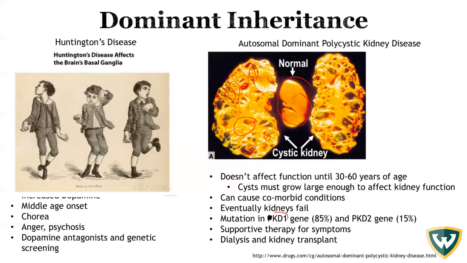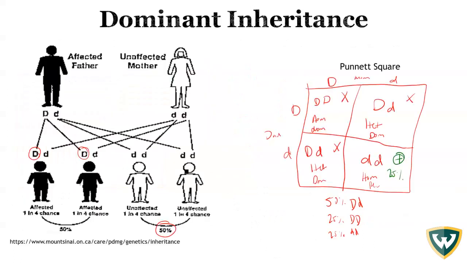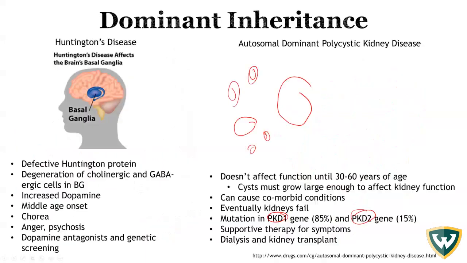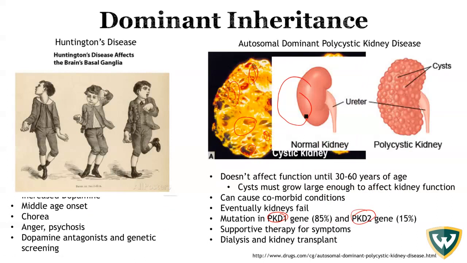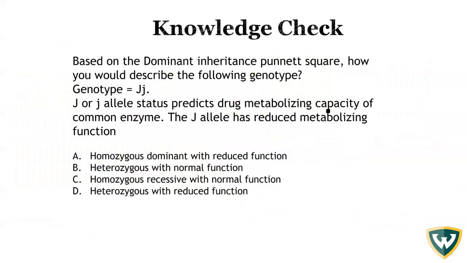So these are mutations in PKD1 and PKD2, and they're inherited in a dominant form, meaning that if you have a parent that's a carrier, again, like we saw previously, if you just have one parent that's a carrier, you will have a 50% chance of a child having that disease. And again, this is just a figure here showing you that you have a bunch of cysts that causes holes in your kidneys, and it makes them function very poorly.